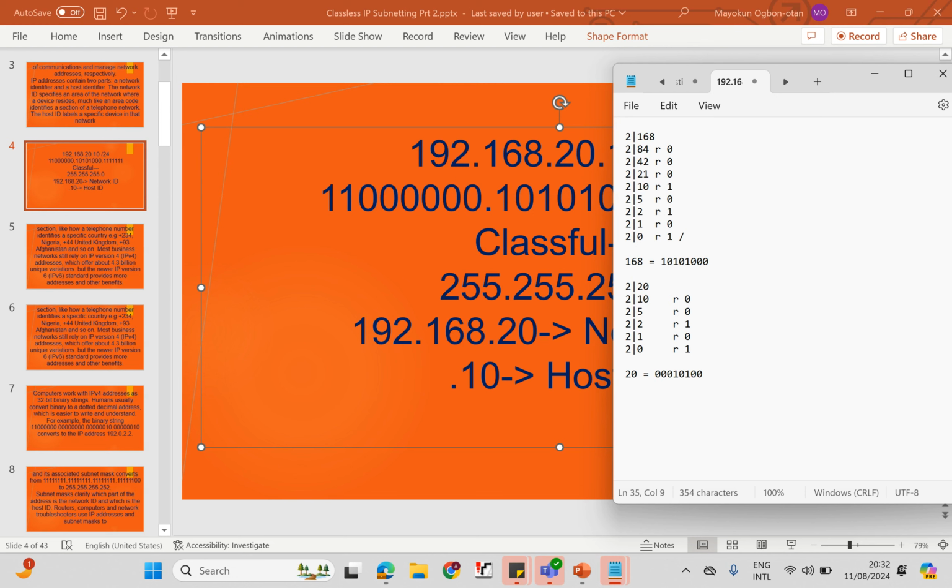Complete it. So this will be 0 raised to power 0, 0 raised to power 1, and 1 raised to power 2 here.